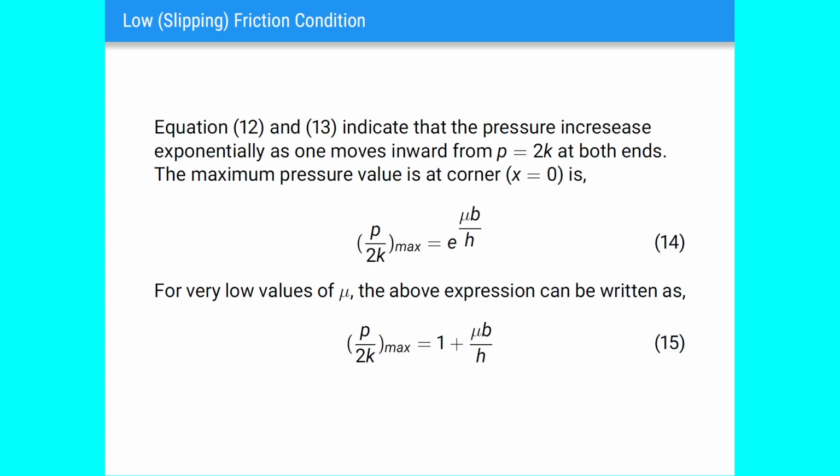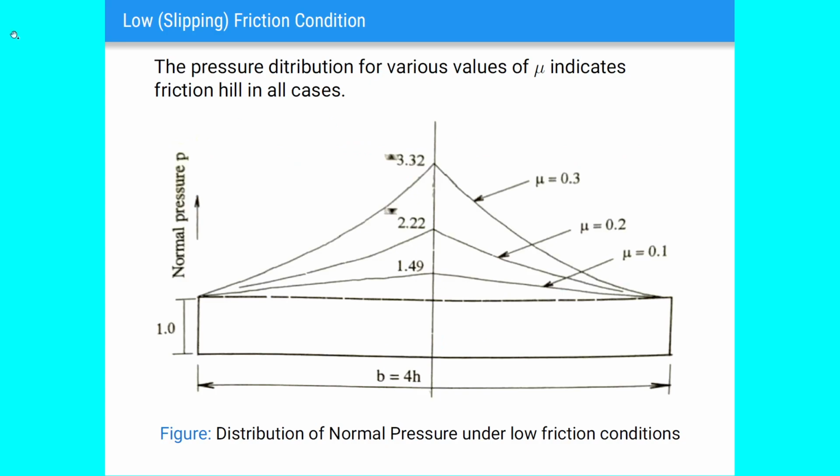You can say it is the equation which represents the distribution of normal pressure under low friction condition. Let us try to see the diagram which comes for different values of mu. At a low value, you will get this kind of graph for this particular slab.